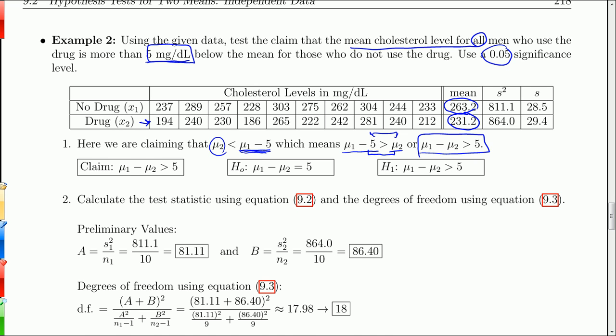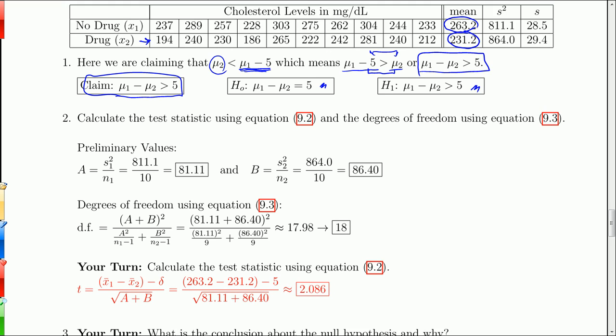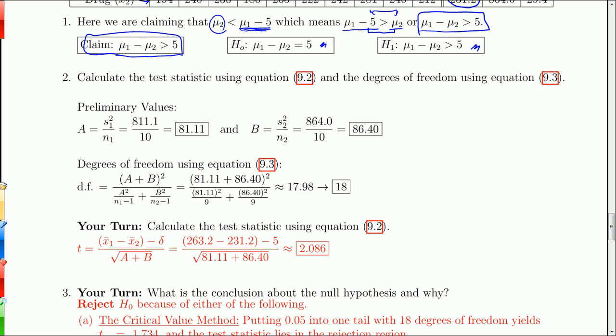So let's see. The claim looks very much the same, only instead of having a 0 here, I have a 5. So the claim is that the difference in population means is greater than 5. The null gets the equal to sign, and the alternate gets the claim. Now we need to calculate the test statistic.